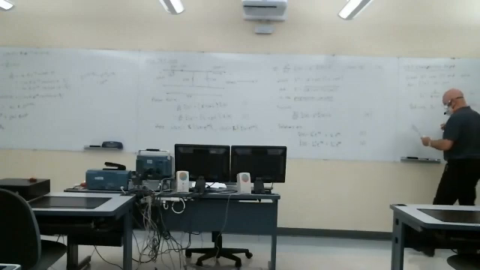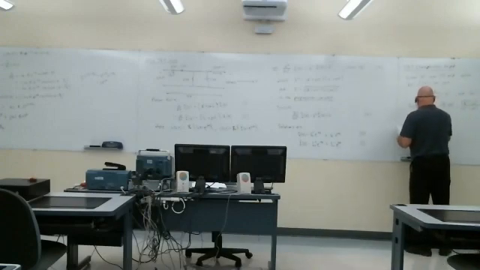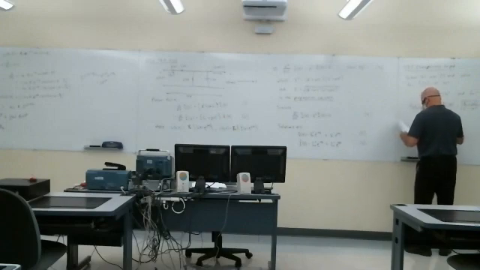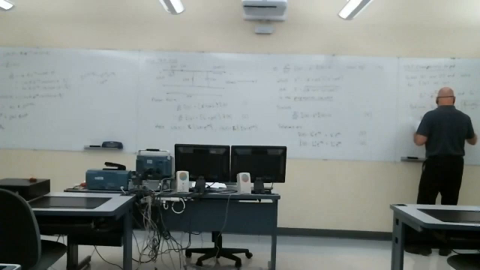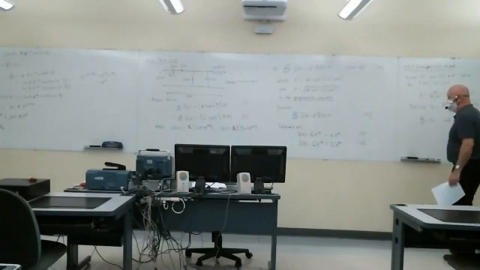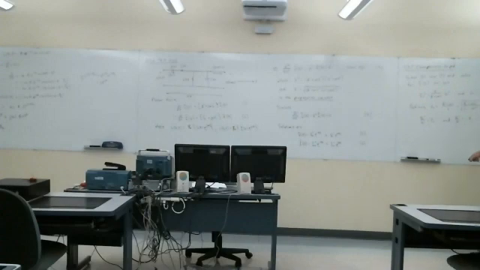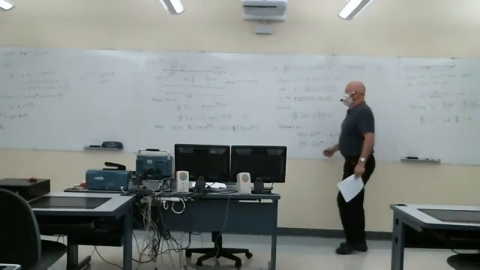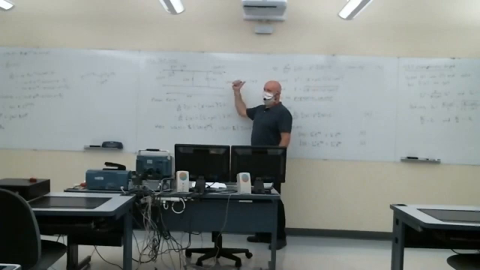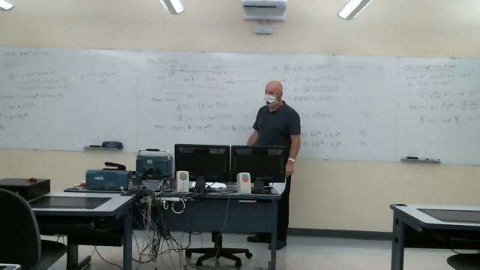With this definition, we have V0 plus over I0 plus equal to the characteristic impedance, and V0 minus over I0 minus is equal to minus the characteristic impedance. The minus sign appears because we've defined our current flowing to the right, and in the reflected wave, the current is actually flowing in the other direction.